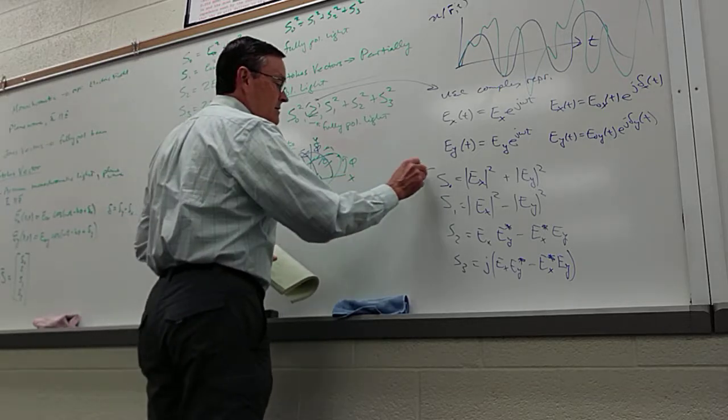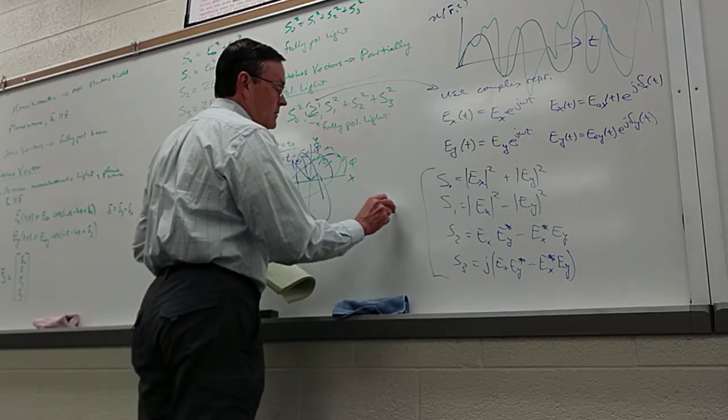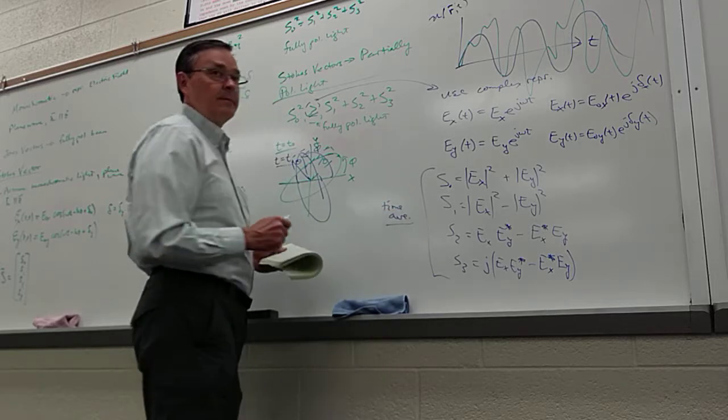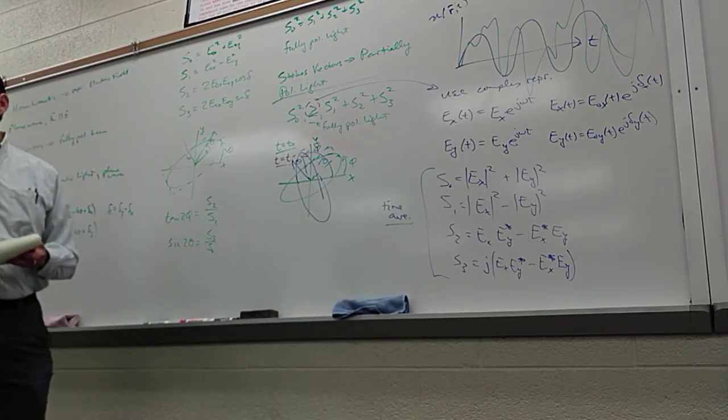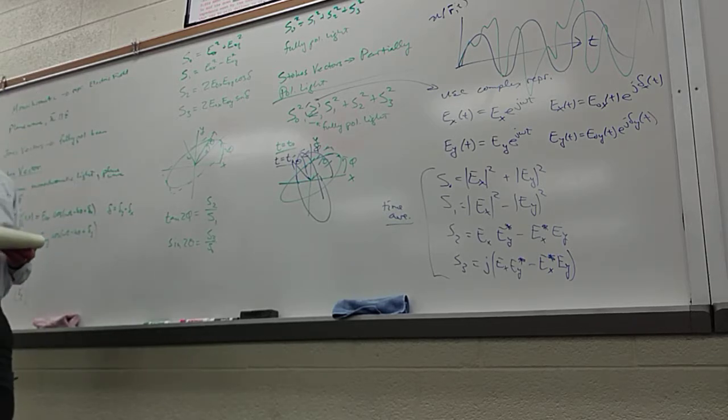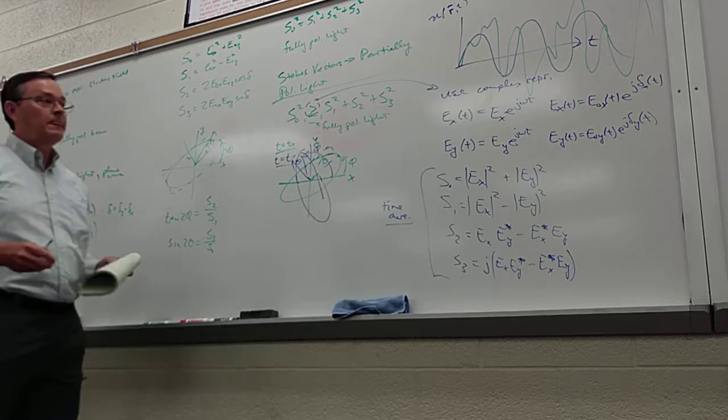And these things, in other words, are all time average quantities. I'm not going to drag us through the math as to how that is, but they are all time average quantities. So, some things to note.